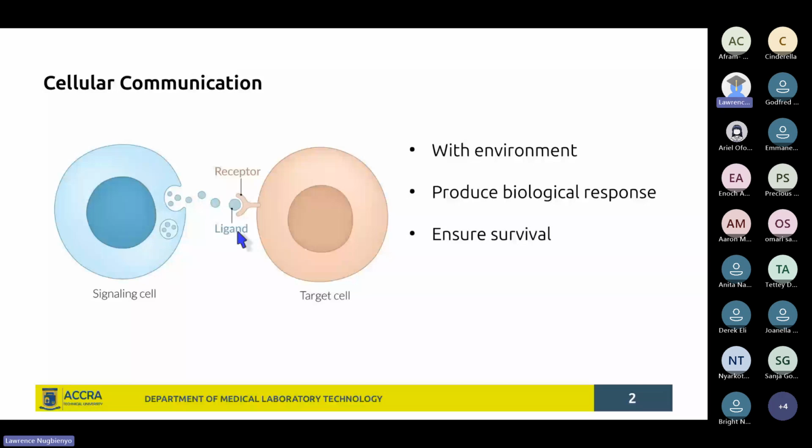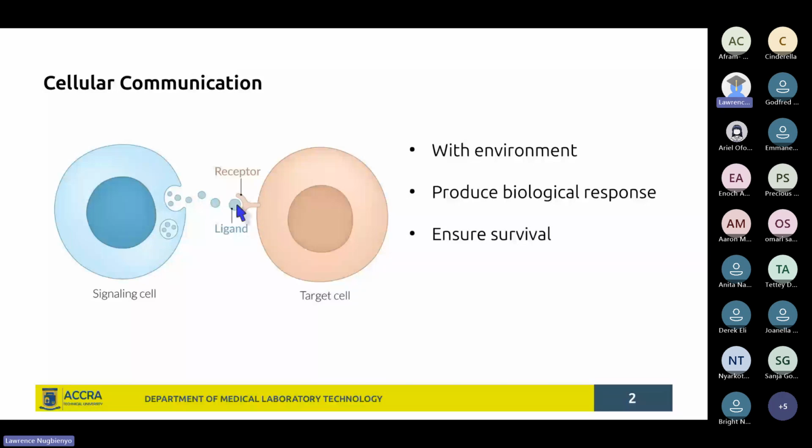A target cell will have in its cell membrane what we refer to as a receptor. The receptor can be a glycoprotein, a glycolipid. So it's a complex of the biomolecules that you have studied already: carbohydrates, proteins, lipids. So usually you have these receptors being some transmembrane proteins, can be some transmembrane glycoproteins, glycolipids, or lipoproteins that have interaction with the ligand.